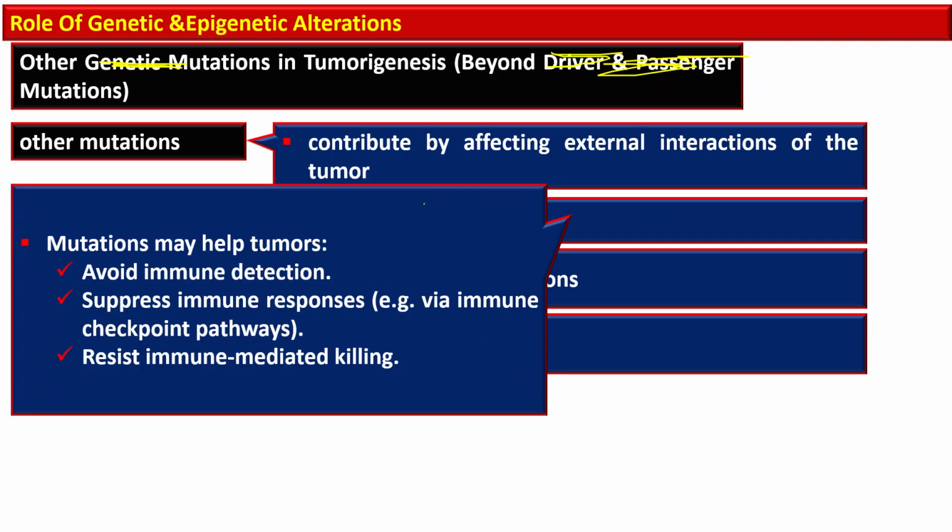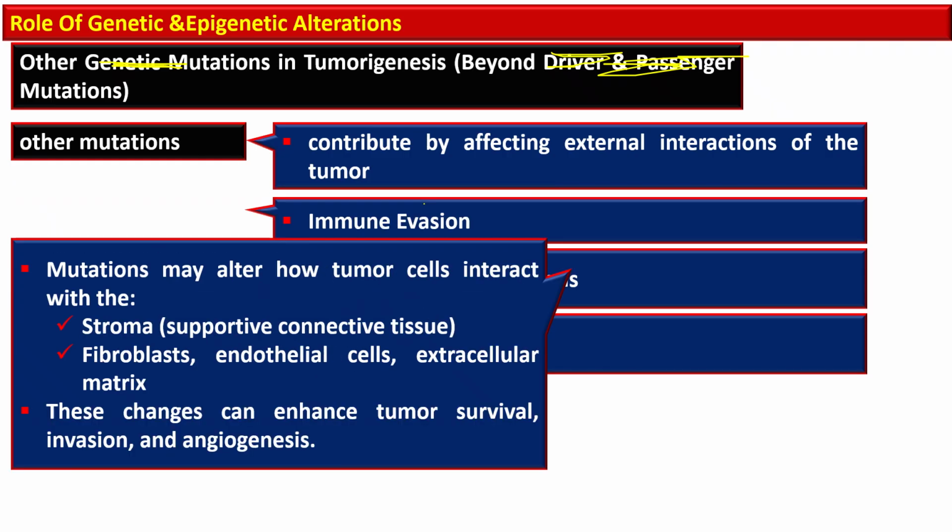Mutations that help the tumor avoid immune detection, suppress immune responsiveness, for example via immune checkpoint pathways, and resist immune mediated killing. Then tumor stroma interaction mutations may alter how tumor cells interact with the stroma, that is the supportive connective tissue, fibroblasts, endothelial cells and extracellular matrix.